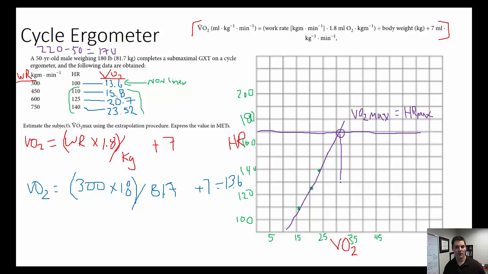We would then draw the line down to our prediction here. And based on mine, we would say that their estimated VO2 max is, let's say, what is that? Maybe 32 mils per kg per minute.